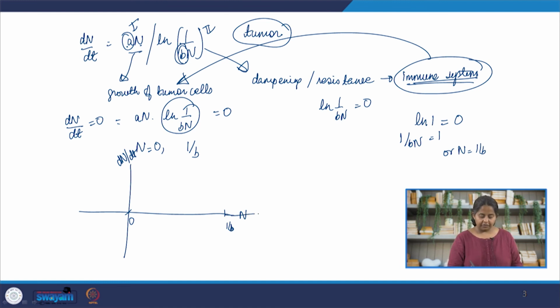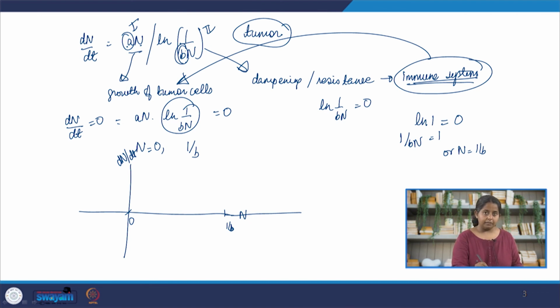Now, we need to plot the phase portrait. To do that, we need to know what is the sign of the model when n is between 0 and 1 by b. So, when n is between 0 and 1 by b, we figure out that an is still positive because n is greater than 0.